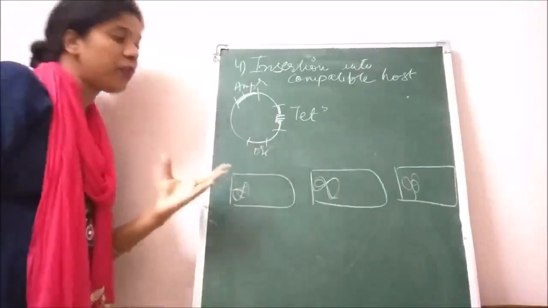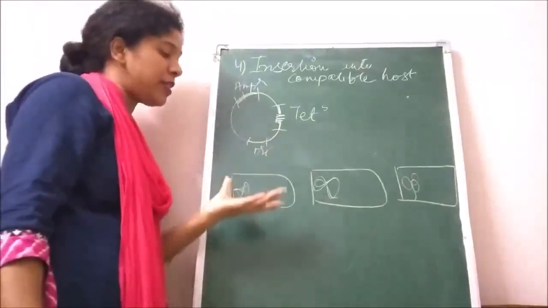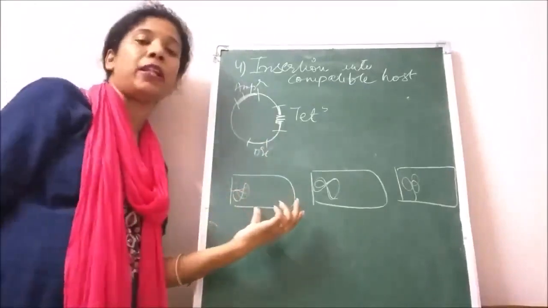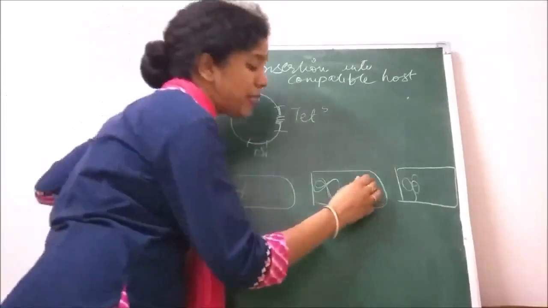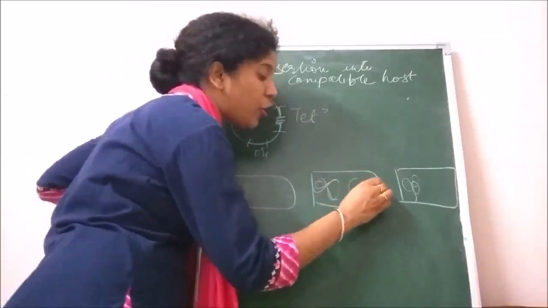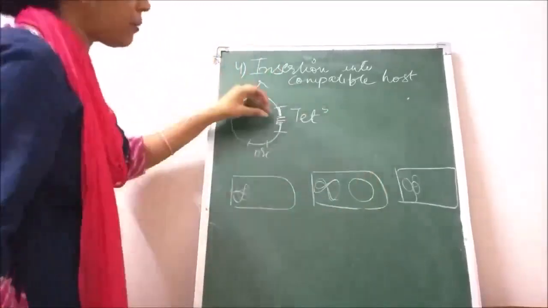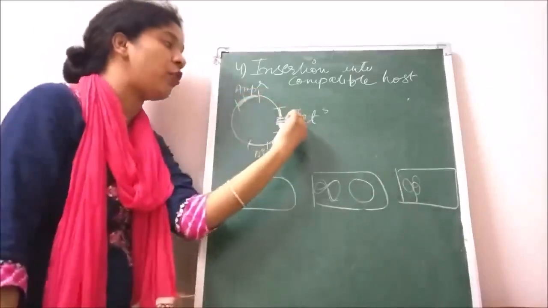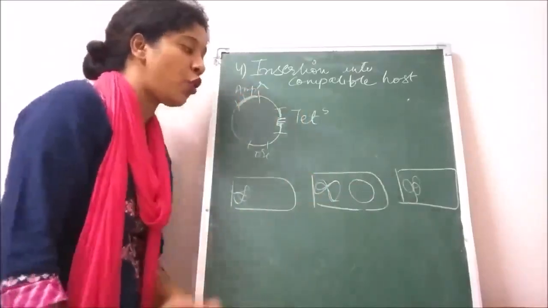So there could be 3 populations. When this molecule is inserted into the bacteria, there could be 3 outcomes. The bacteria might not take the plasmid at all, or the bacteria takes up a plasmid which is non-recombinant. That means the plasmid just opens up because of the restriction digestion and then closes without taking the foreign DNA, so it is non-recombinant.